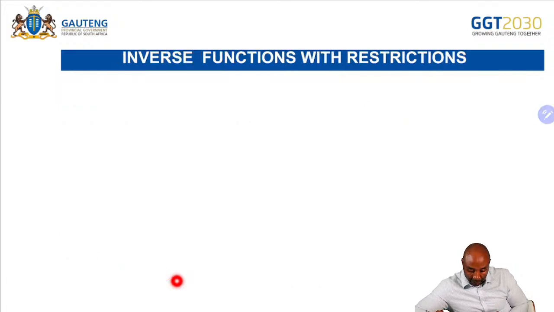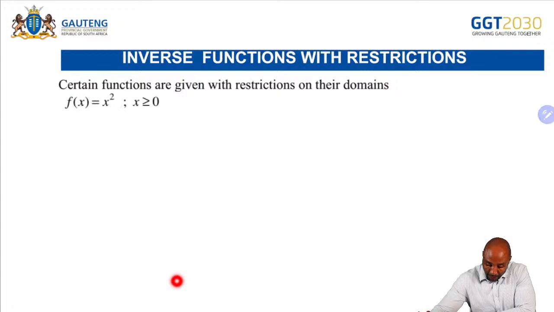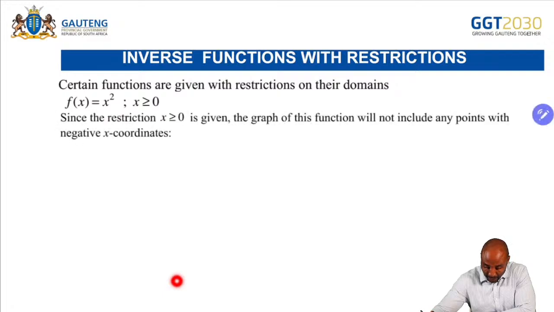We move on now. Remember, I mentioned the concept of restrictions of our domain. Once we restrict our domain, it means our range also is going to be restricted. Let's check. If I have f of x is equal to x squared, where x is greater than or equal to 0, it means this is a restriction because I'm only looking at half of the parabola.